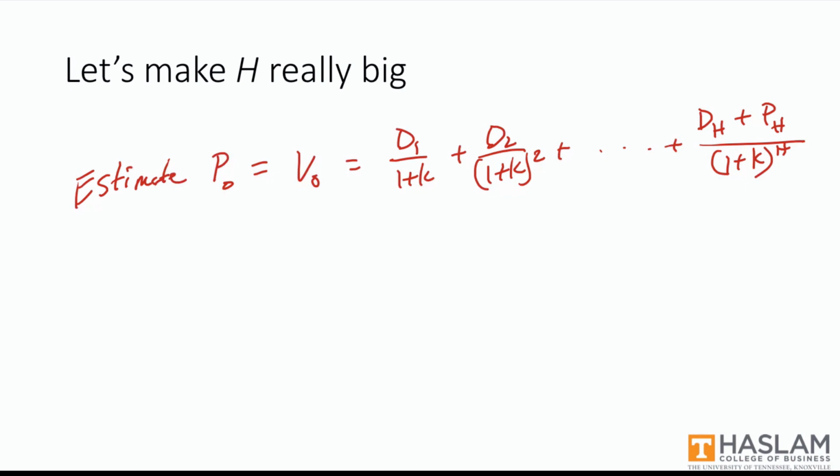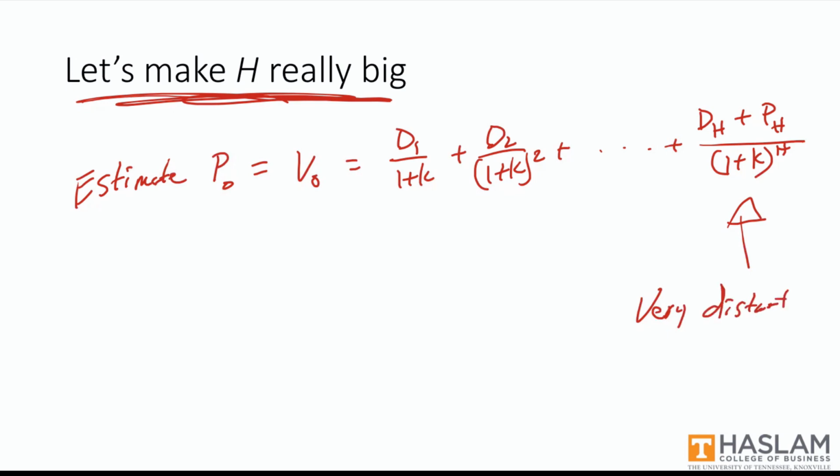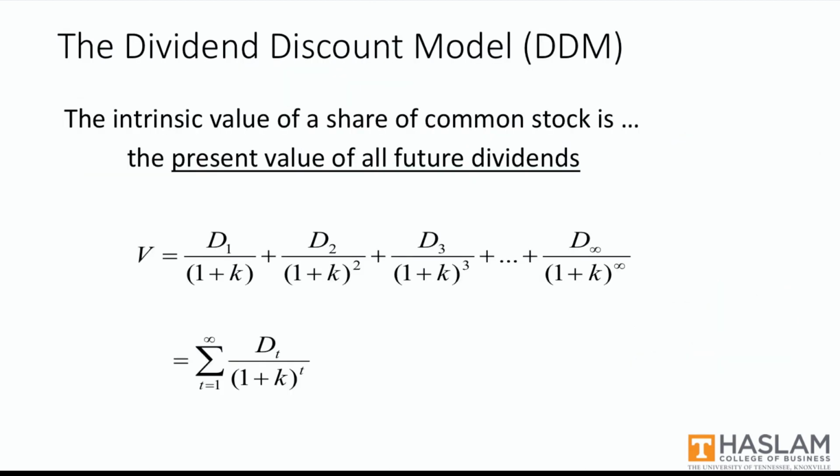And so again, if H becomes really big, this term here becomes very distant in the future. And as we make H bigger and bigger, then this final term in present value terms becomes completely meaningless to the formula, and we simply have this, right?